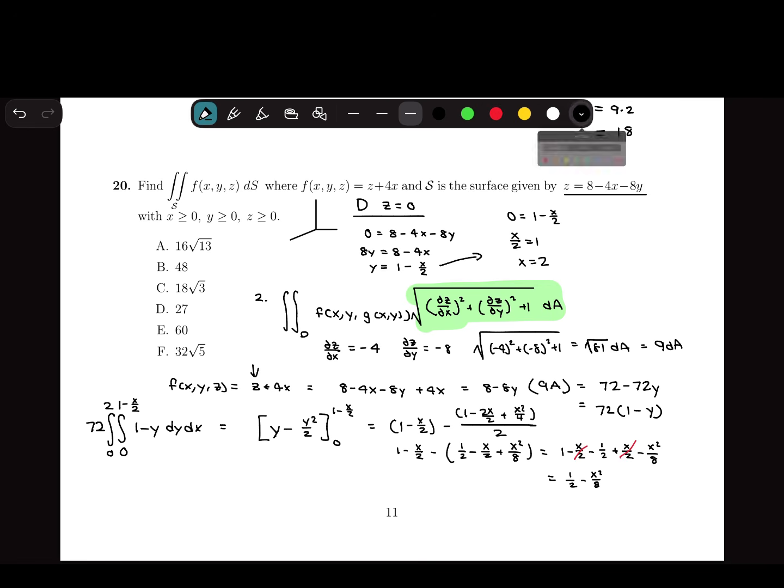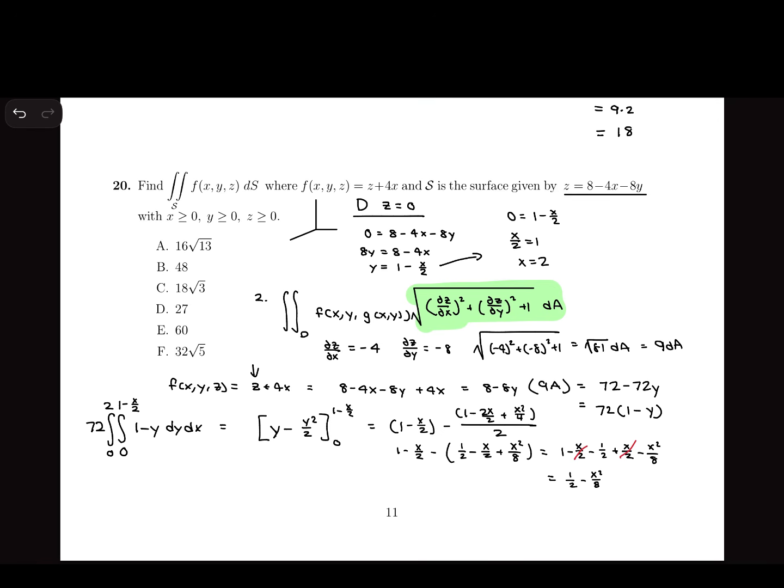Okay, so we've simplified it down to a little bit easier form to read, but now that we have it integrated in y, we have to do the integration from 0 to 2 in x.